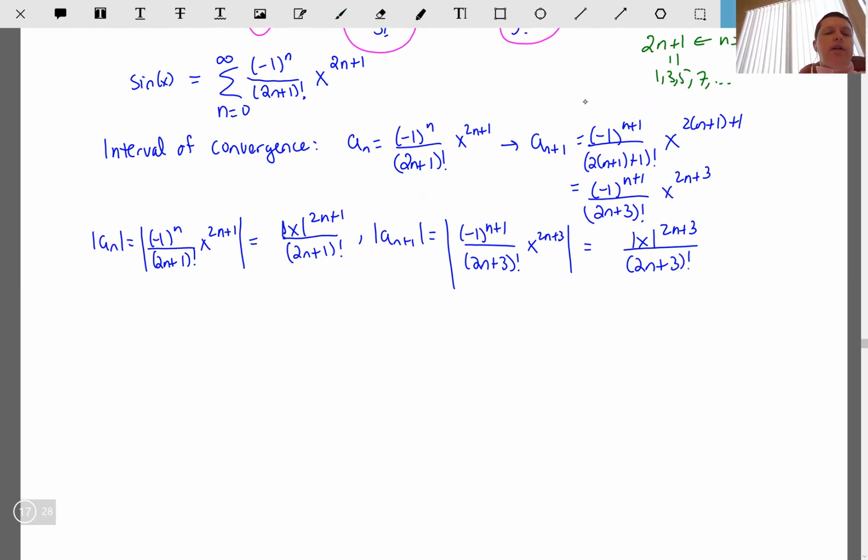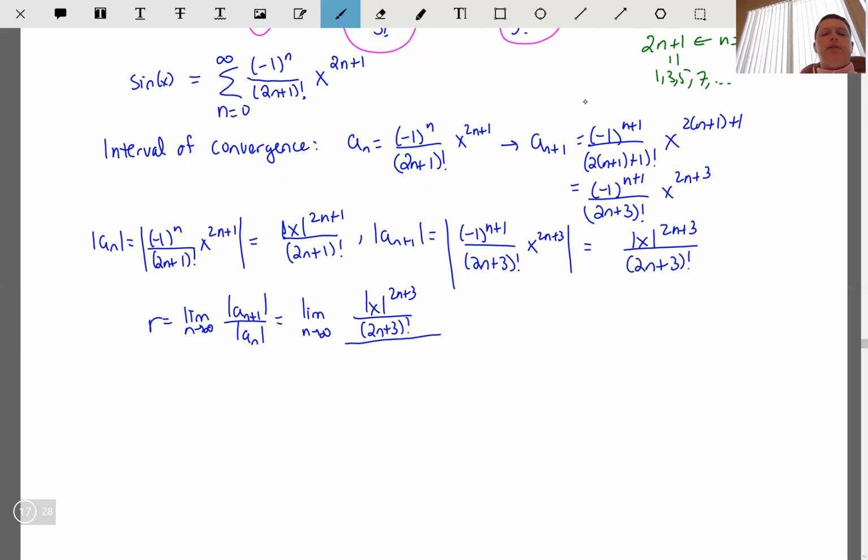So r is the limit as n goes to infinity of the n plus first term in absolute value divided by the nth term, which is the limit as n goes to infinity of absolute value of x to the 2n plus 3 over 2n plus 3 factorial, all divided by absolute value of x to the 2n plus 1 over 2n plus 1 factorial.